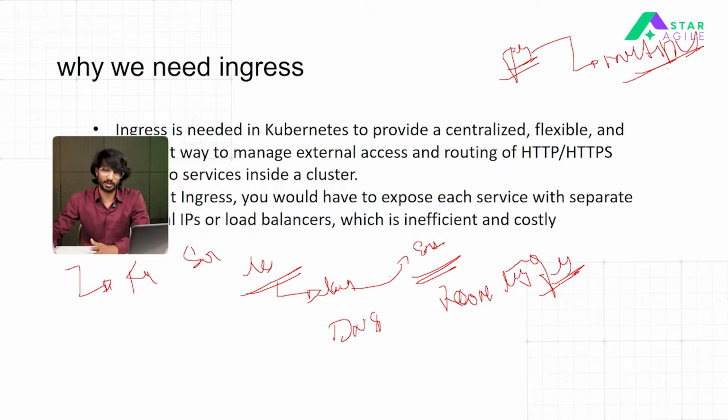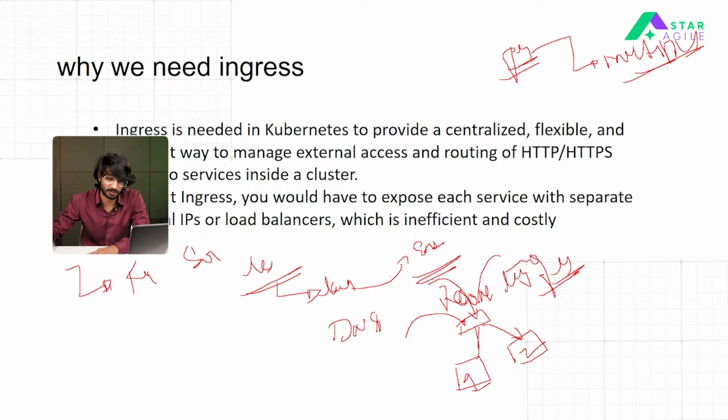For people who don't know what DNS round robin is, say there are two pods, pod 1 and pod 2. Your first request will be sent to server 1, the next request to server 2, then again to server 1, then to server 2. So it provides a basic level of load balancing.